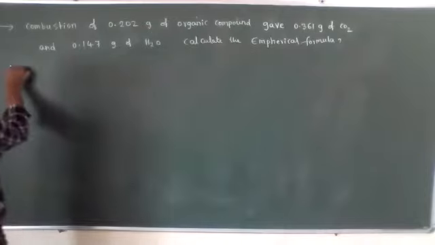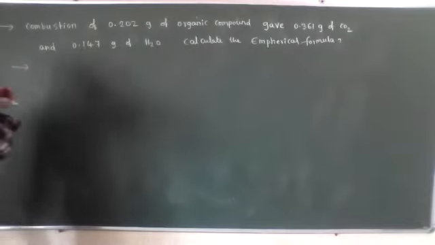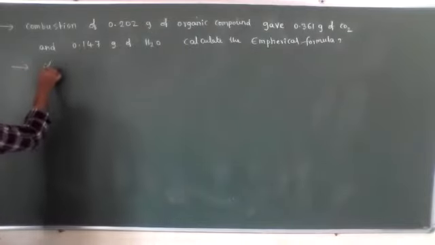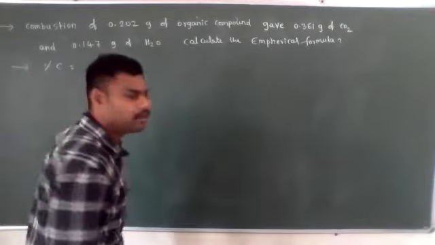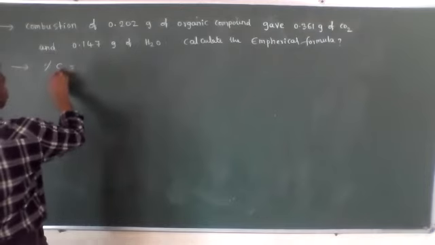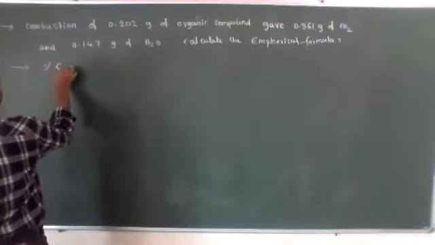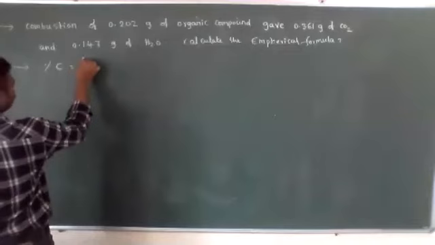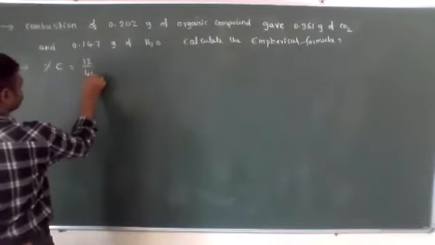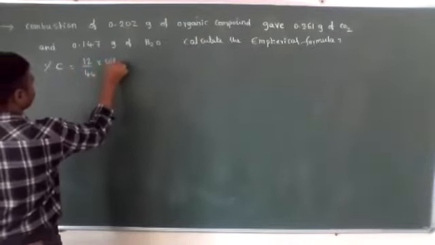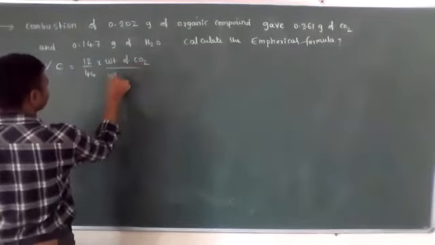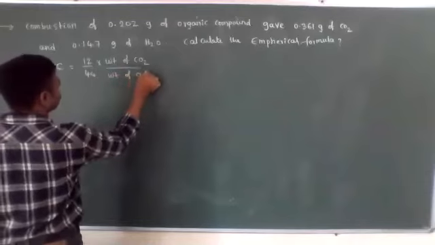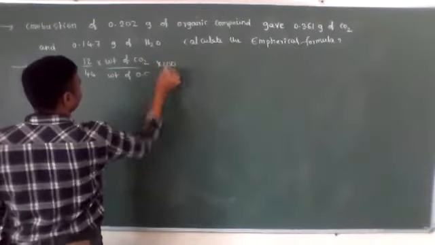Before calculating the empirical formula, first you find out the percentage of carbon. Percentage of carbon formula, what I said, ma'am? See, carbon is converted into carbon dioxide, that's why 12 by 44 into weight of CO2 by weight of organic compound into 100.